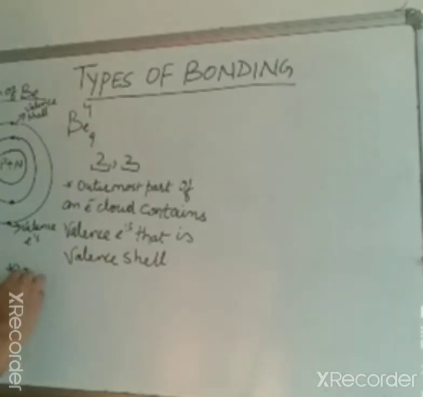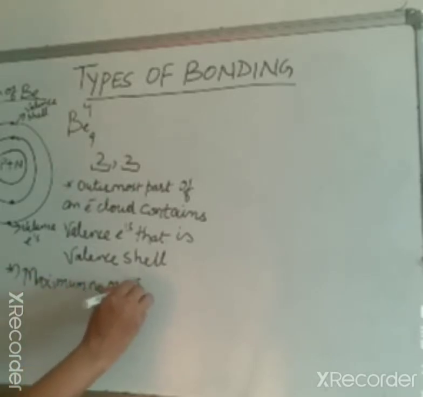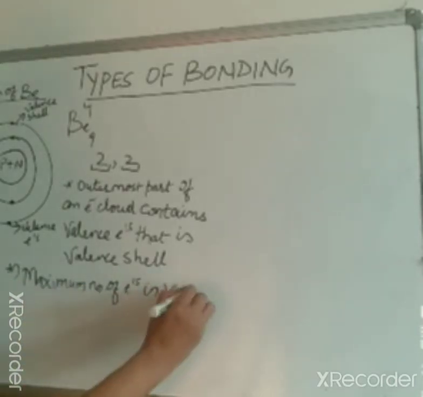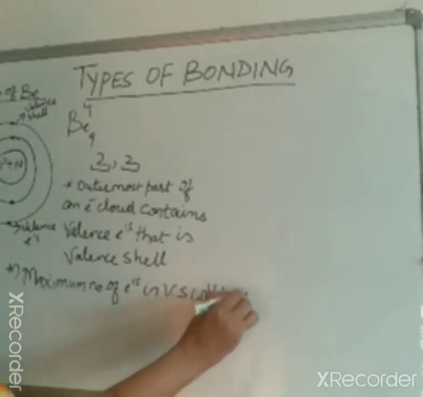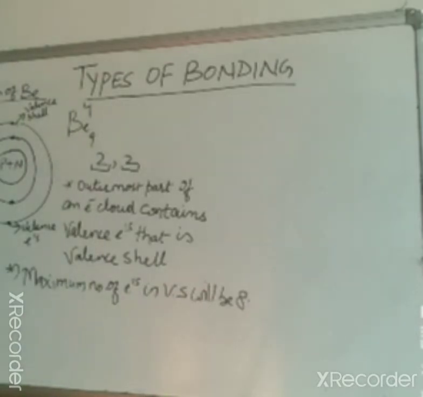The maximum number of electrons in a valence shell will be 8. So, an atom will be stable only when it has 8 electrons in its outermost shell.